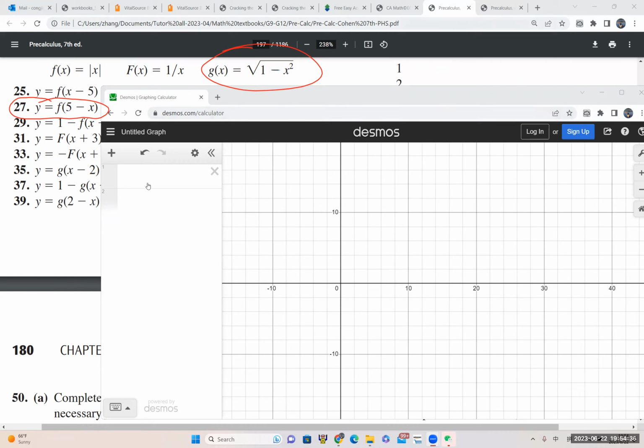So the parent function is this. I still call it y equal to the square root of 1 minus x squared, right?